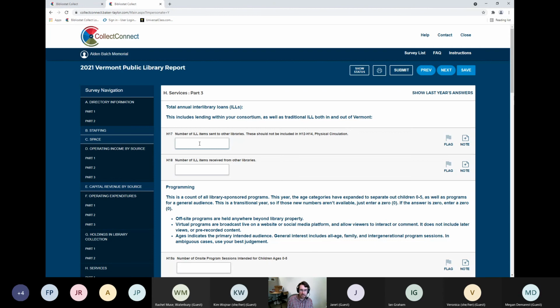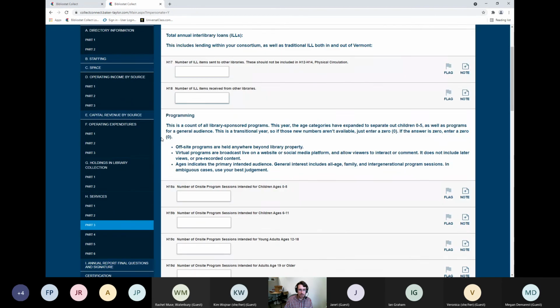They're ILLs by a different name. If you're able to get that, that's great. If not, it's not the end of the world, like everything. But include those numbers here because it's just going to be easier for you to get them than for us to try to track them through Clover.